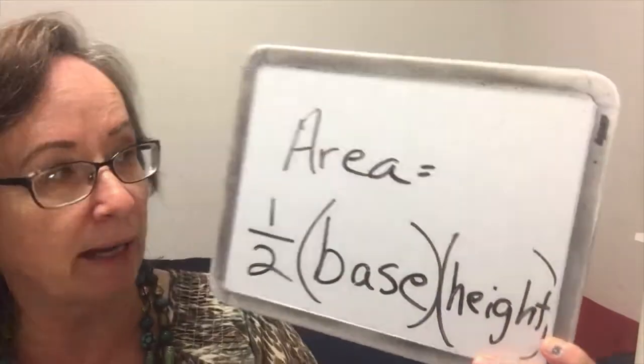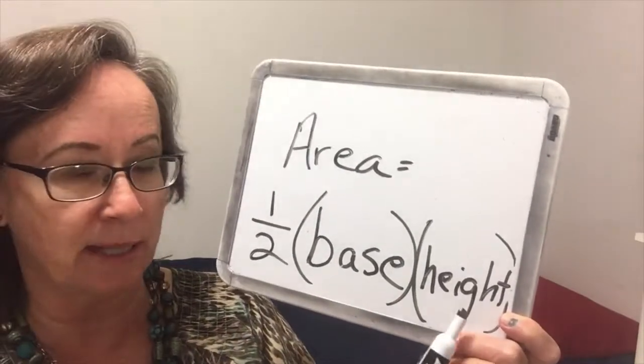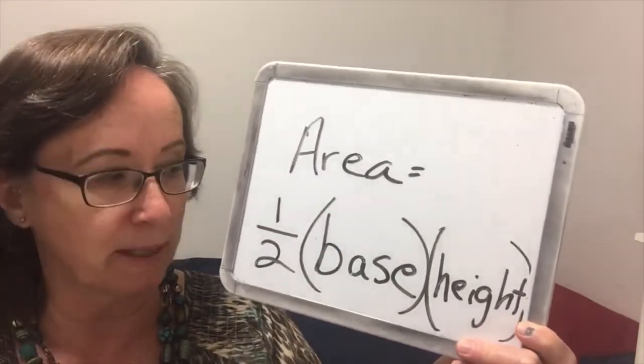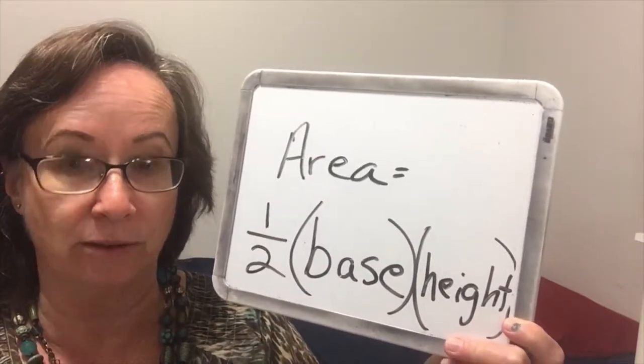So here is our written formula for the area of a triangle. Area of a triangle is 1/2 the base times the height. So what we have to do is make sure the base and the height are always perpendicular, or right angles, to each other.